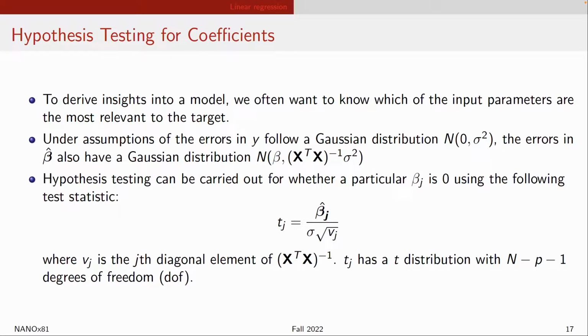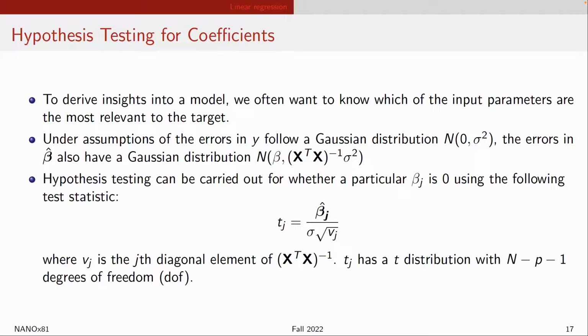Now, once you do your linear regression, sometimes it is useful for you to understand which of the input parameters are the most relevant to the target that we want to predict, right?